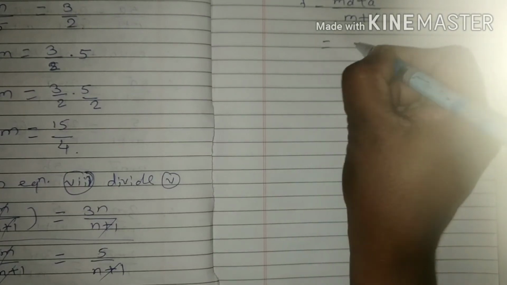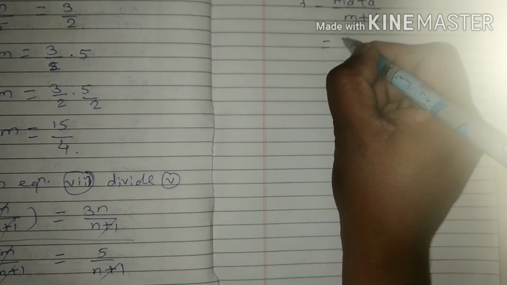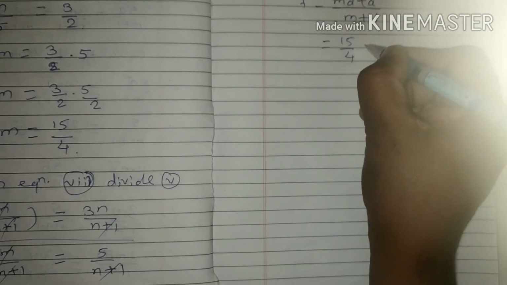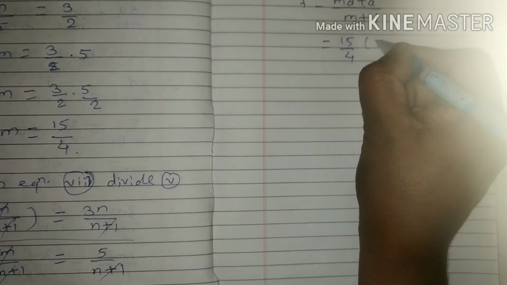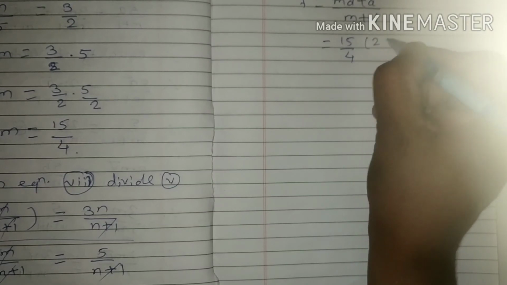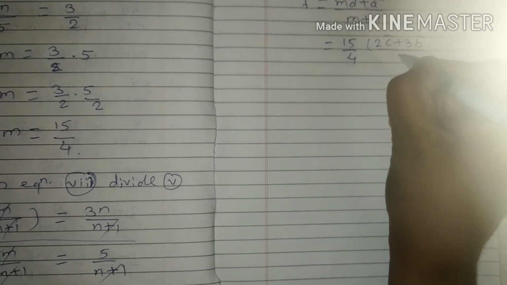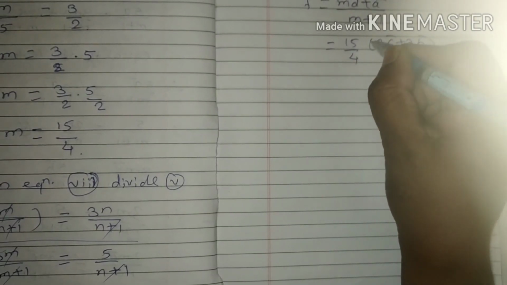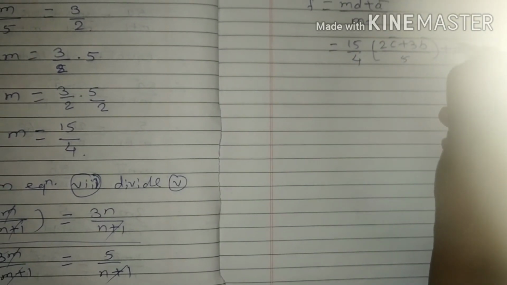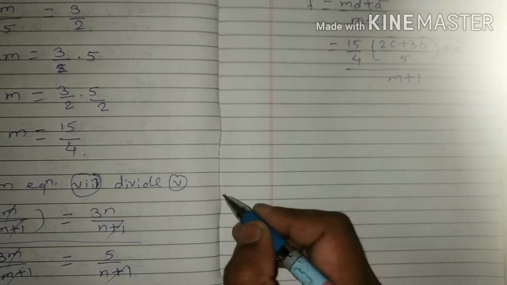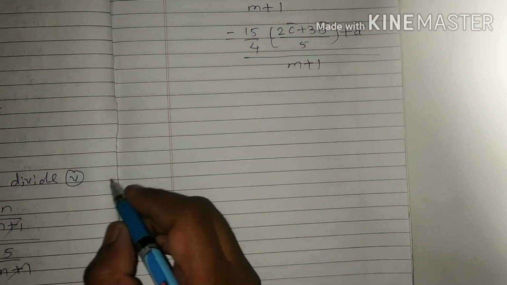The value of m is 15 divided by 4. That is 15 divided by 4 into D bar, that is (2 C bar plus 3 B bar) divided by 5, and plus A bar remaining term, divided by m plus 1 term.